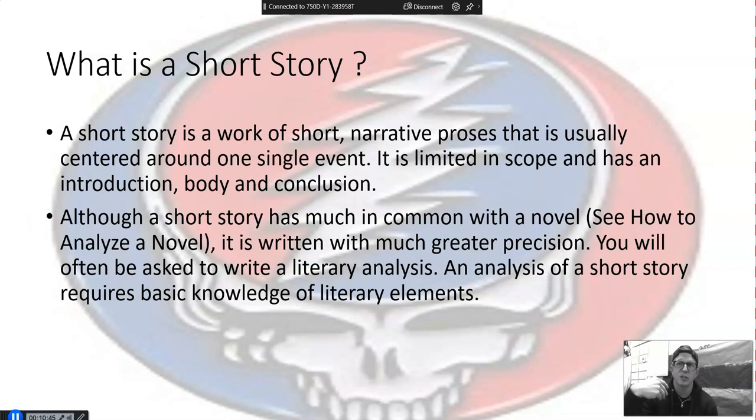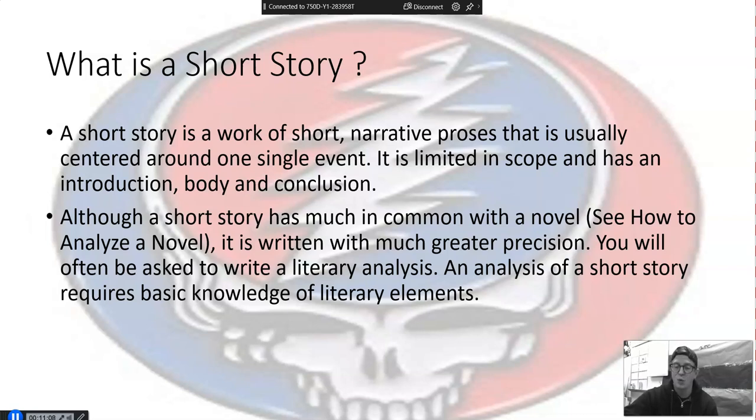A novel is so big, the small little details are hard to find. But the short story, though, all you have is small little specific details. So you have plenty of space and time for an author to put a lot of focus into those little things. Okay? An analysis of a short story requires basic knowledge of literary elements.